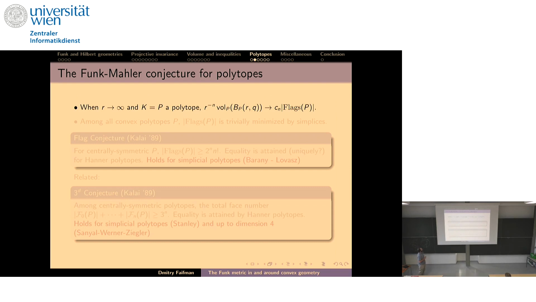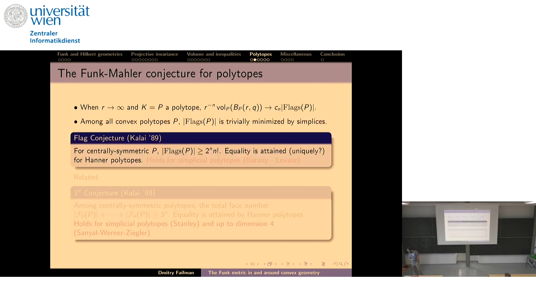What can we do with this knowledge? The flag number is obviously minimized by simplices, as the smallest possible n factorial number of flags of any polyhedron in dimension n. But if you switch to centrally symmetric ones, then the minimizer of the flag number is not known.